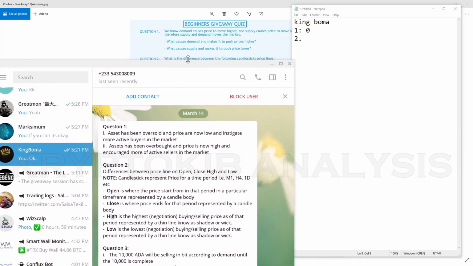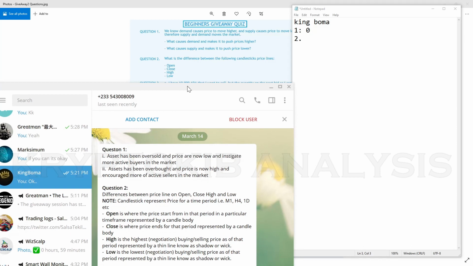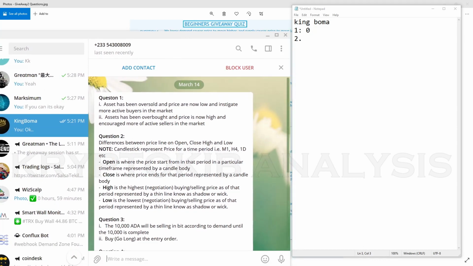So question two is the difference between price line on open, close, high and low. Candlestick represents price for a period of time, 1M, H4, 1D. Open is where the price starts from in that period, in a particular time frame represented by a candle body. Close is where price ends for that period.